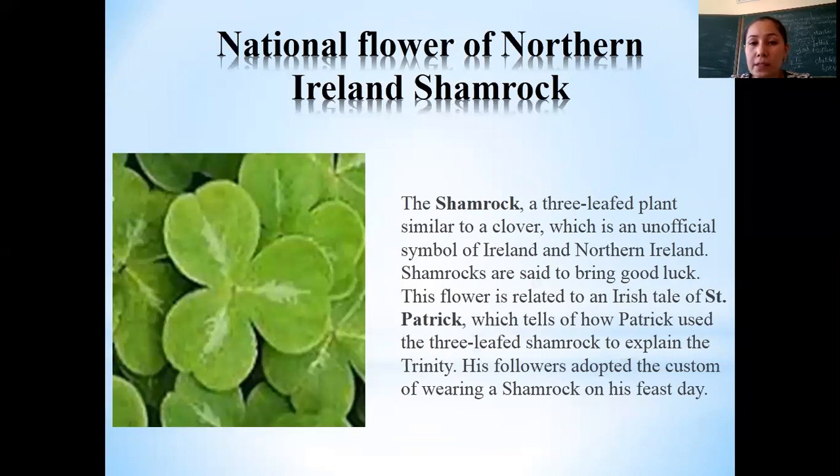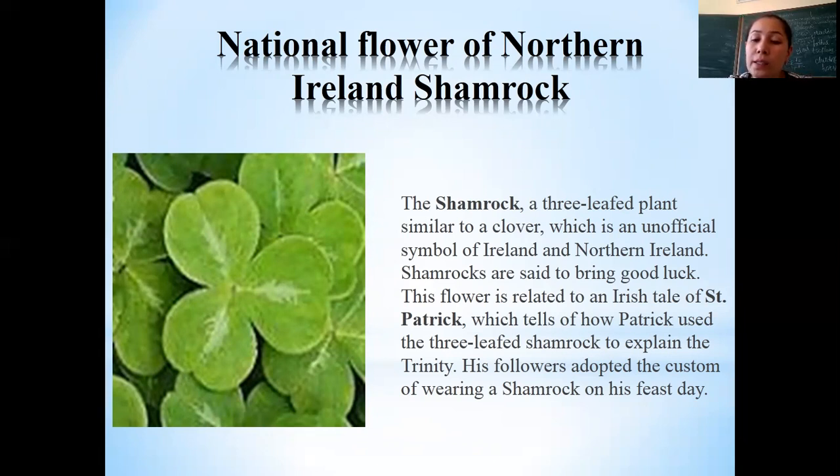And the last one, dear students, the last national symbol, of Northern Ireland, is the shamrock. Shamrock is a three-leafed plant, similar to a clover, which is an unofficial symbol of Ireland and Northern Ireland.